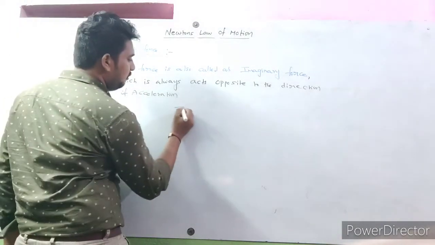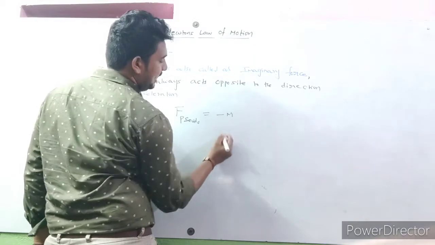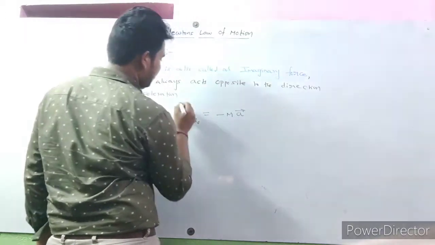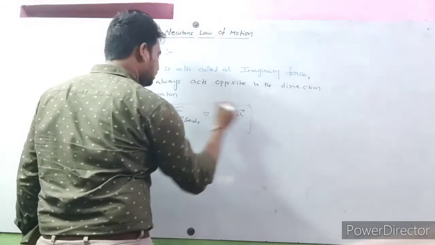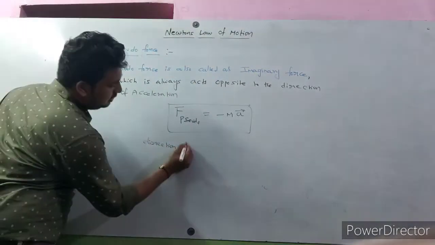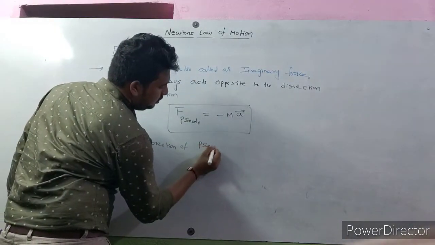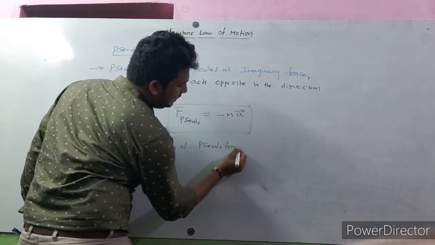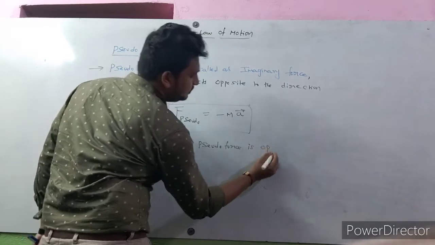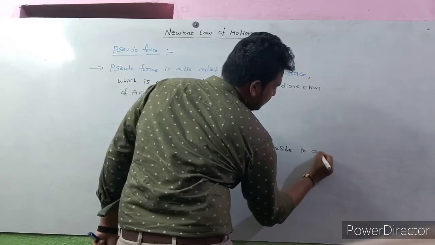So here pseudo force, F pseudo, is equal to minus m into acceleration. Observe carefully, direction of pseudo force is opposite to acceleration.